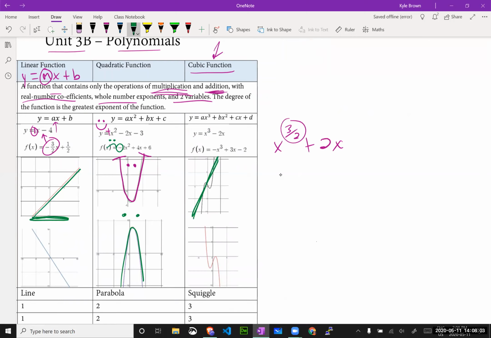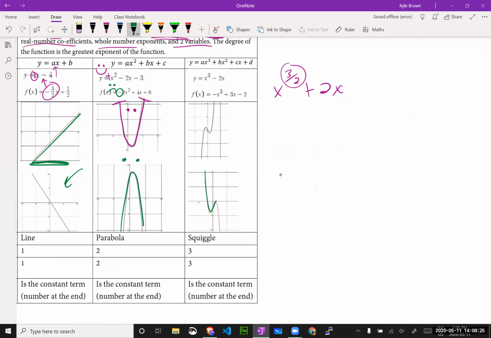It's the same type of thing with a little squiggle in the middle. And then same with this one. There's a negative out front, so this thing is going to go generally downward. It's kind of like the linear one, how it was negative. But again, there's going to be a little squiggle involved. We don't need to know too much about the squiggle, like where it is going to be. We just need to know that there is going to be a squiggle in it.